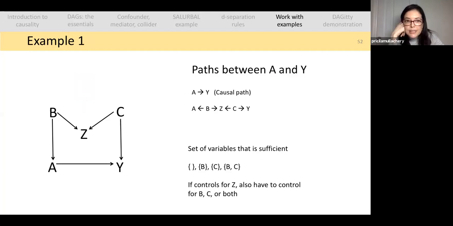That's already saying that the effect of B on A is not homogeneous, right? It's a non-parametric model. So I'm not assuming anything about the relationship between B and A. I'm just saying they are causally related. Does that answer your question?